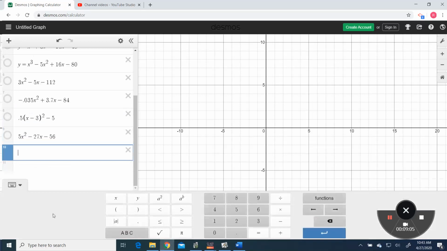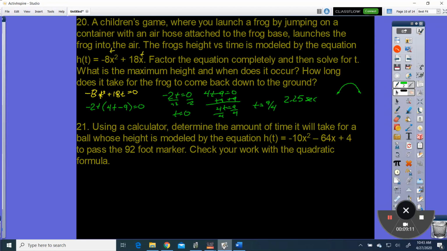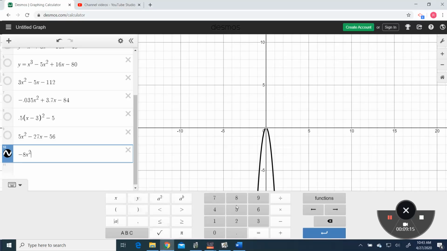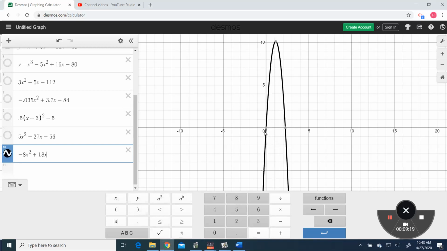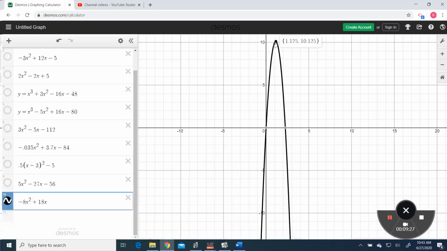So I come down here, -8x squared, where'd it go? Plus 18x. So see, that's the path of this frog, the height of this frog in relation to time. So the height goes up as time goes on. It hits a maximum up here, and then it comes back down, and there it is.